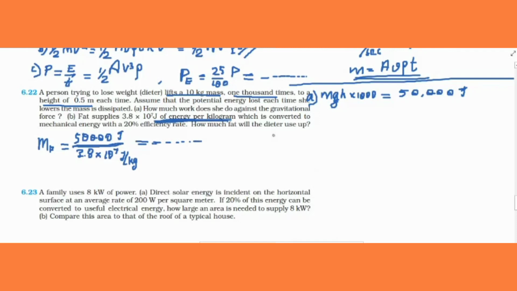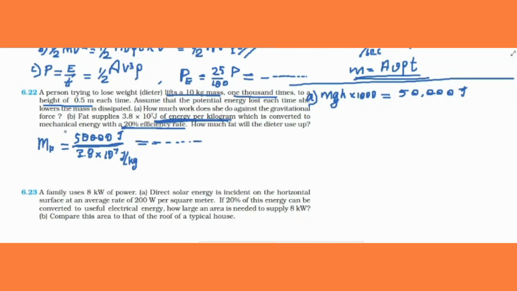But at the same time, you see the question, the efficiency rate is 20%. What does it mean? If 100 kilogram fat is converted into energy, then you will get only 20 kilogram directly converted into energy. The rest is lost. That means whatever quantity here you got is the MF is the 20% of actual fat is melted.